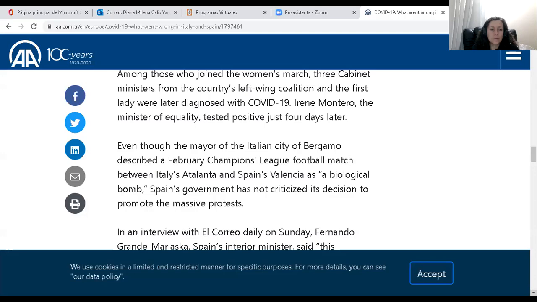The mayor of the Italian city of Bergamo described a February Champions League football match between Italy's Atalanta and Spain's Valencia as a biological bomb. Spain's government has not criticized its decision to promote the massive protest.